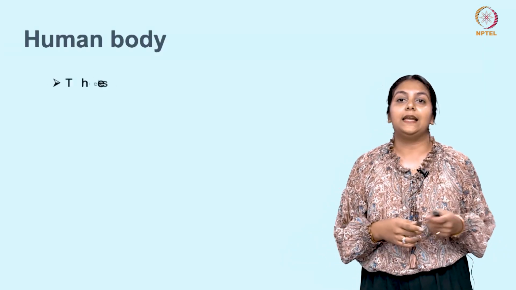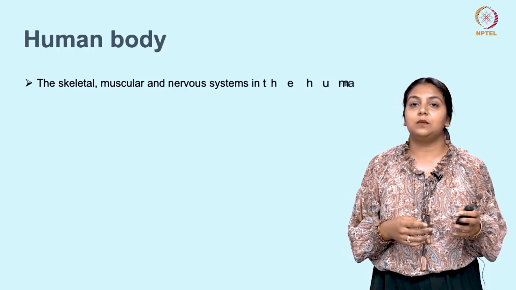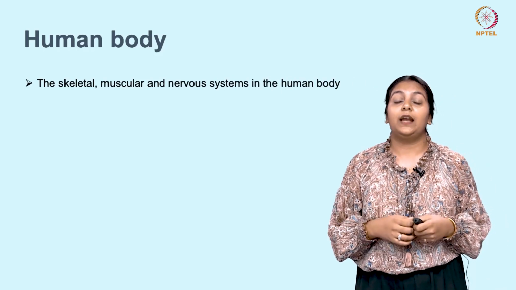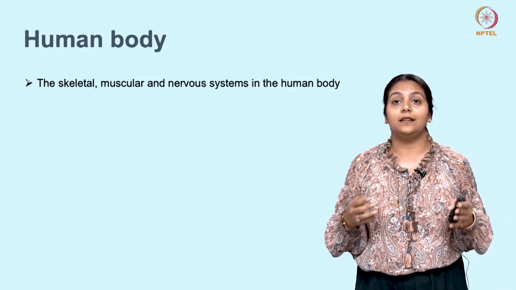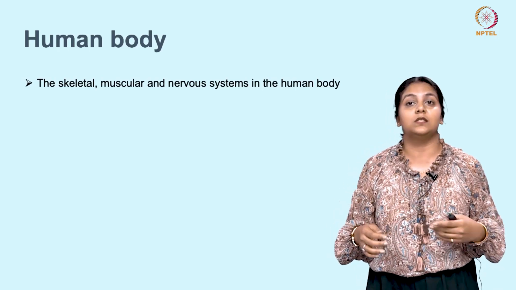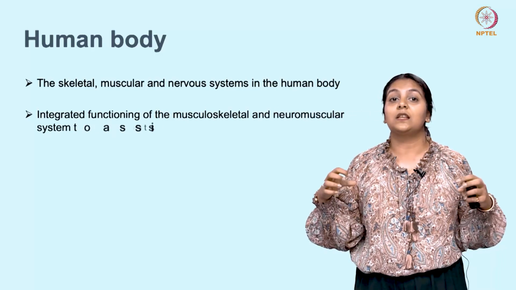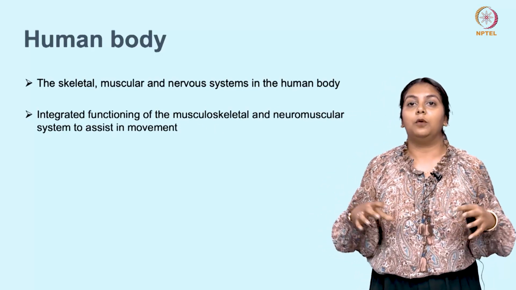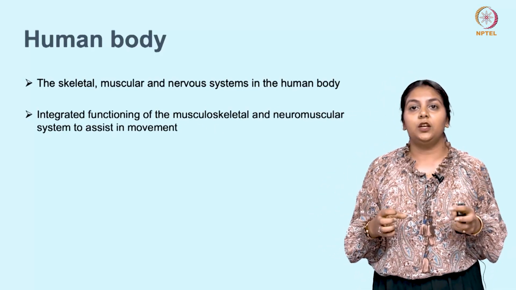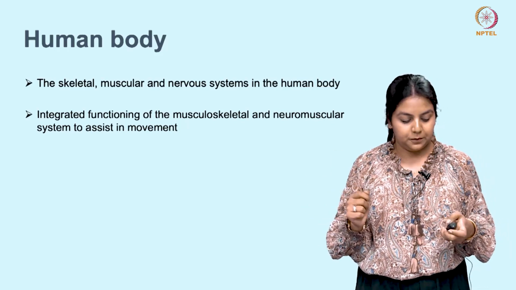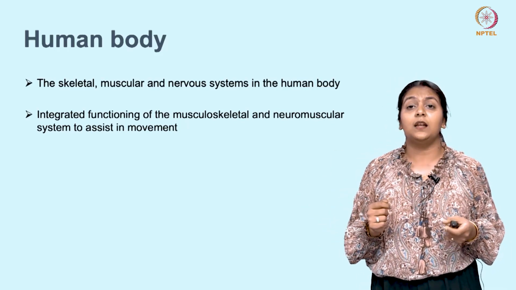We'll be looking at the skeletal system, the muscular system, and the nervous system. We'll be looking at how these systems are designed, the nature of the bones, muscles, and the nerves that allow us to move. How do these systems come together for harmonious functioning to cause movement? We'll be looking at that as well.